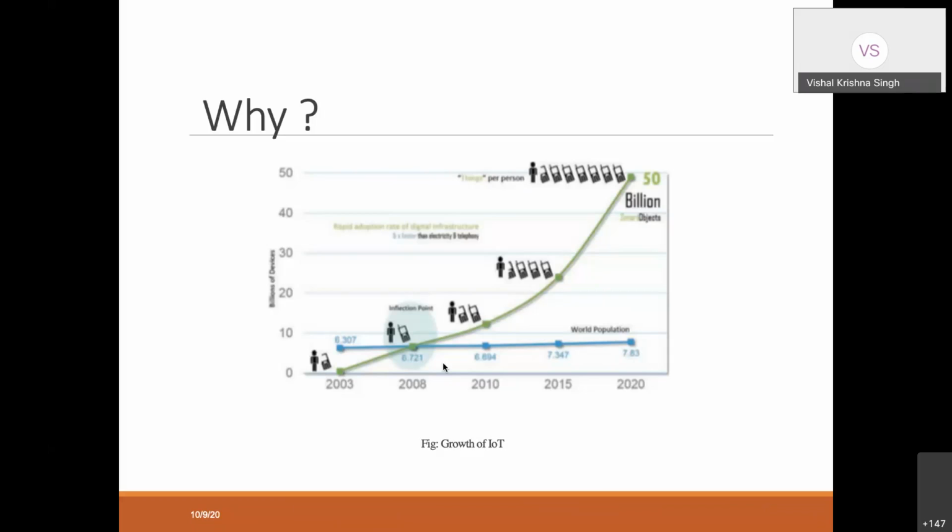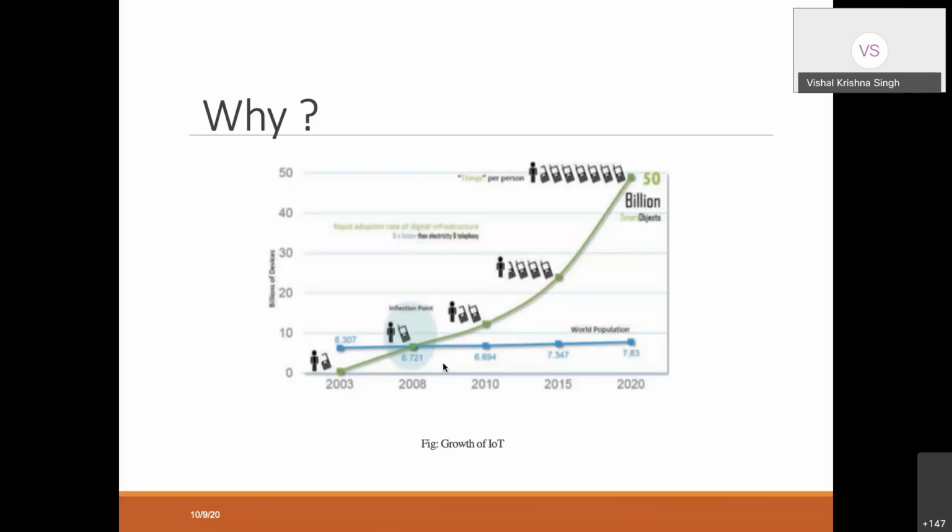Another important concept, which has paved the path for the growth of IoT, is the introduction of machine learning and data analytics into the concept of Internet of Things. As I have already discussed, the amount of data being generated is very high.